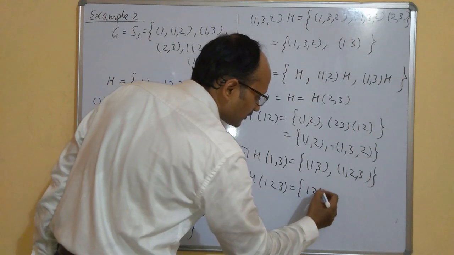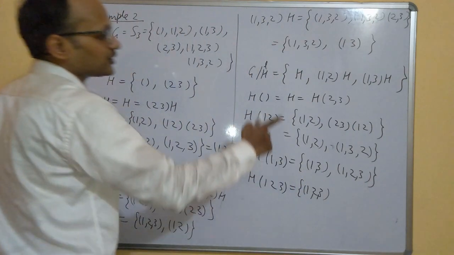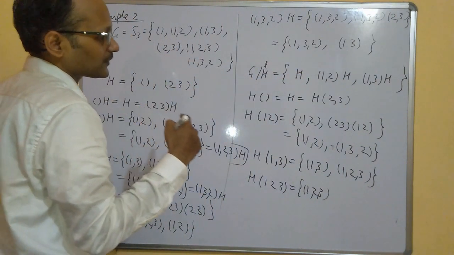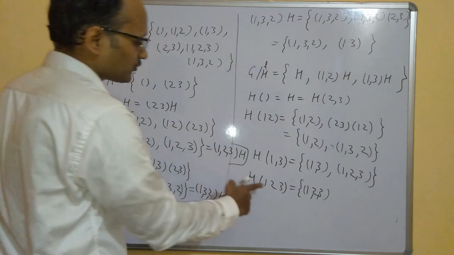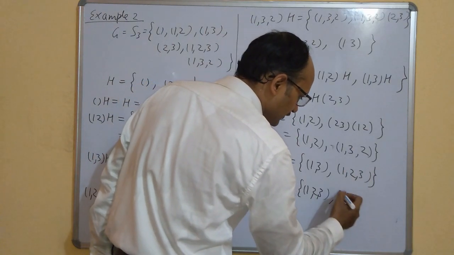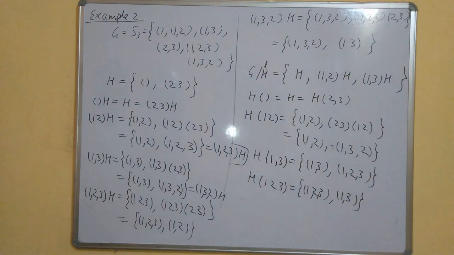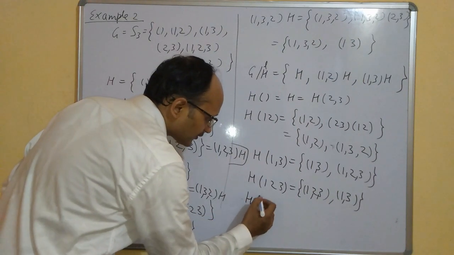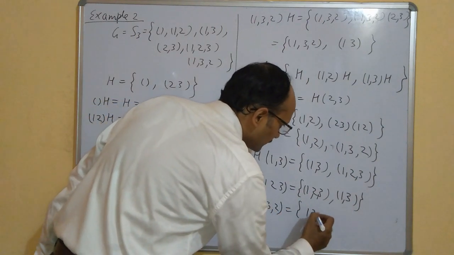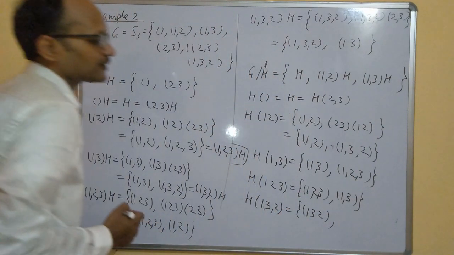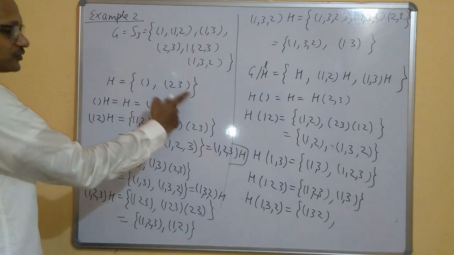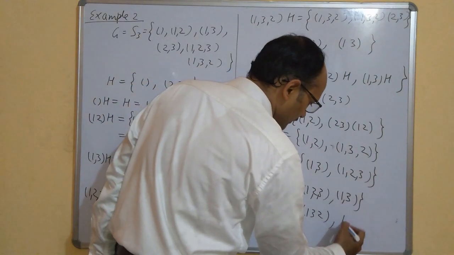When you multiply, you will get (1 2 3) first, and then (2 3) into (1 2 3). So what will you get? It is right. So calculate it, and H(1 3 2), the last coset. So (1 3 2) you will get, and then the next element is (2 3) into (1 3 2). So this is (1 2).